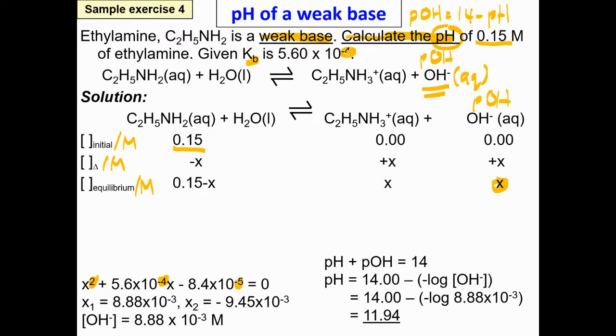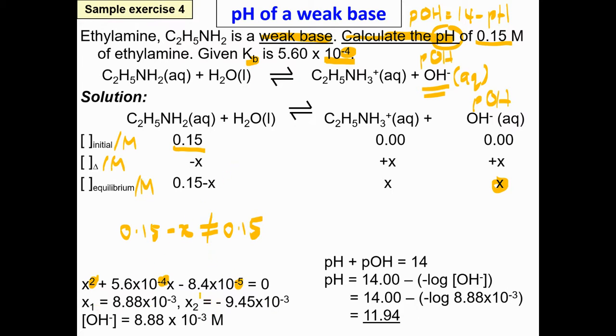Because just now I mentioned Kb given is 10 to the power of negative 4, so we cannot ignore that 0.15 minus x might not equal exactly 0.15. Therefore, we need to use quadratic.